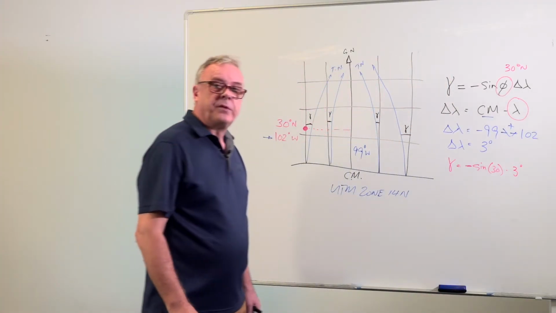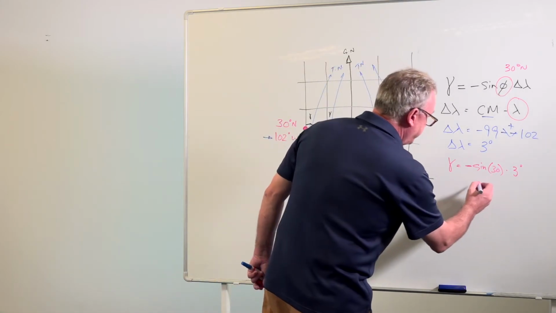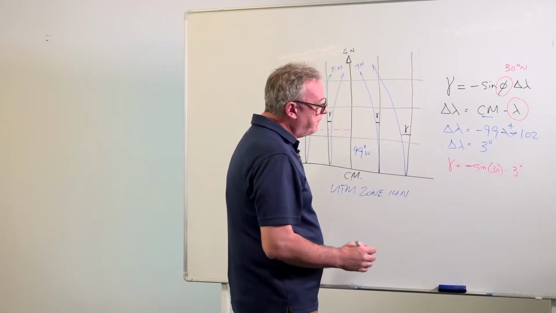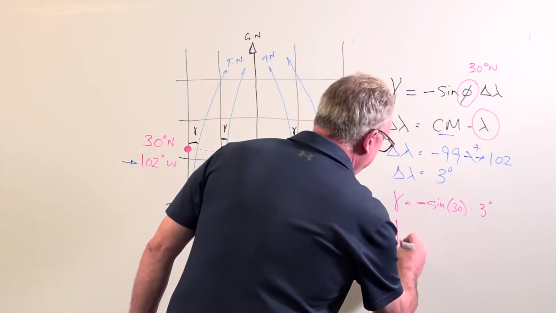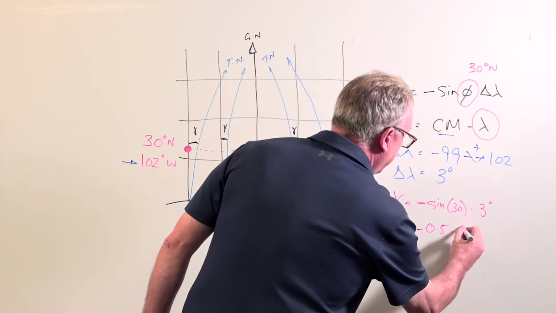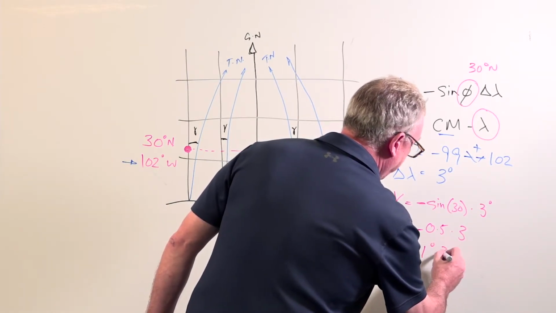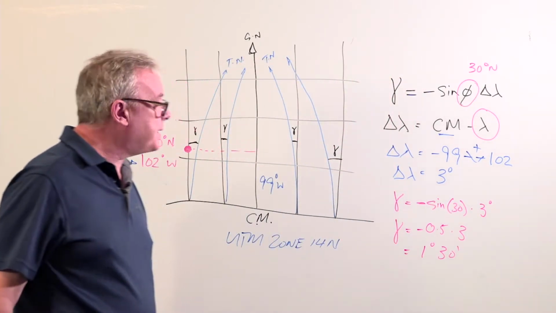So, just from some simple basic trig, I know that the sine of 30 degrees is going to be 0.5 with a negative number there. So my convergence will be minus 0.5 times 3, which is going to give me a grid convergence of 1 degree and 30 minutes.